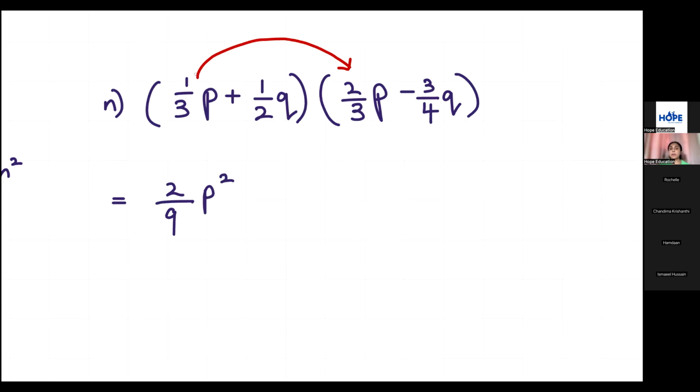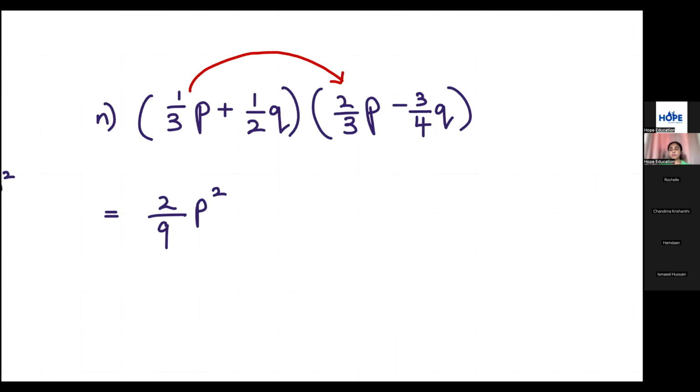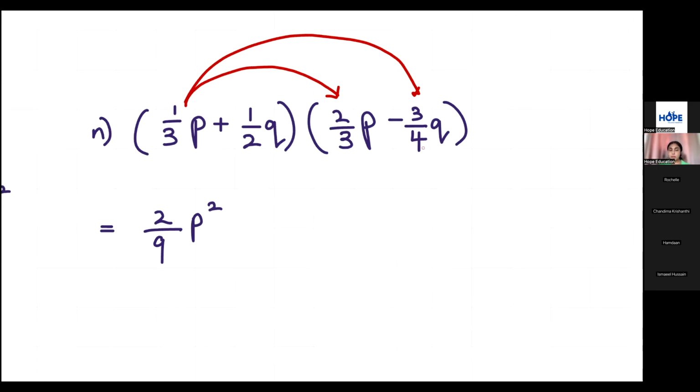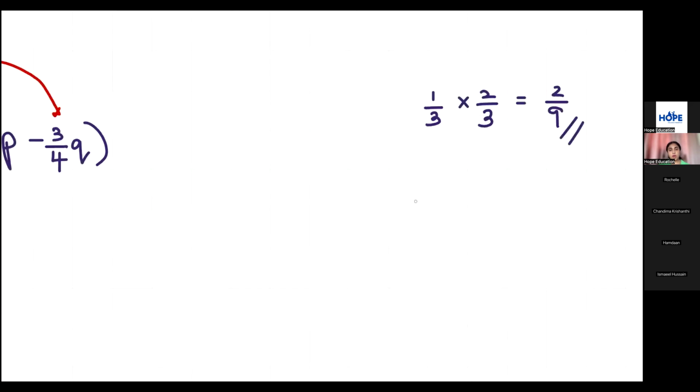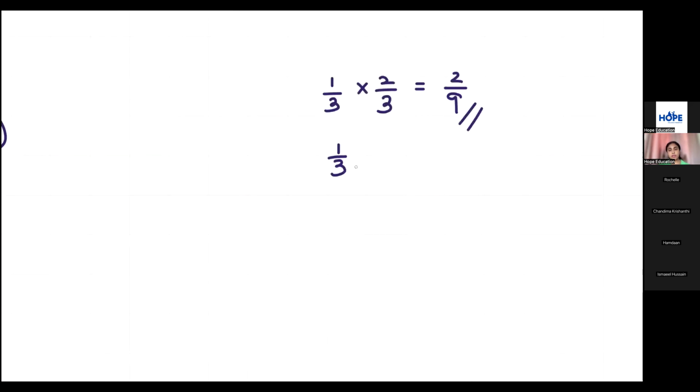Then 1/3p multiplied by minus 3/4q. Fractions multiply. Here the fraction is 1/3. Here the fraction is 3/4. 1/3 multiplied by 3/4. Can you see this 3 and this 3 cancel off?